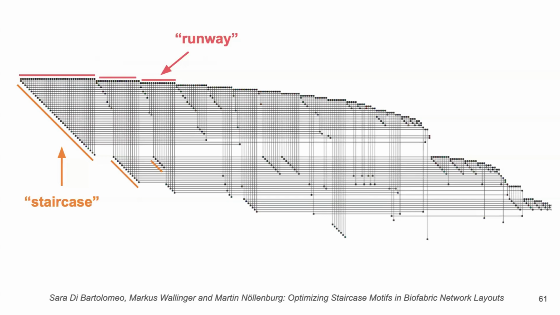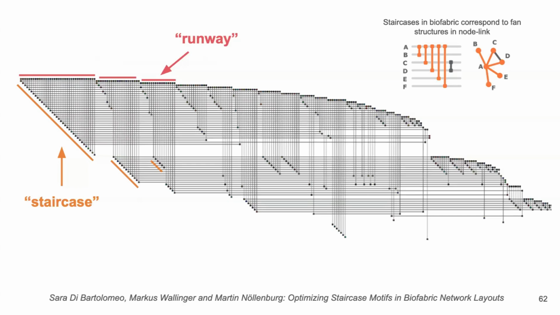The nodes aligned on top are runways. What this is displaying is highly connected nodes. That's how you would see it in a node link. So this is immediately showing you which is the most connected node and what it is connected to, right?